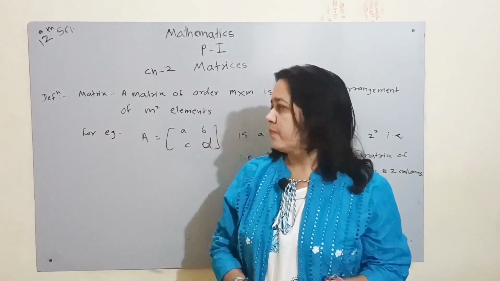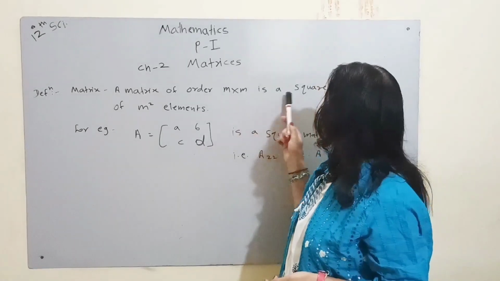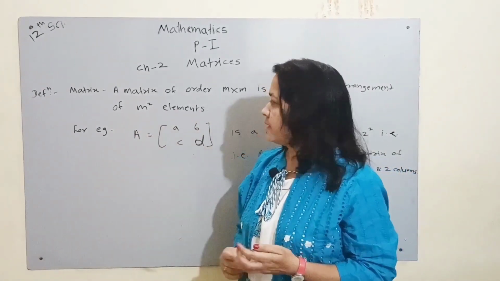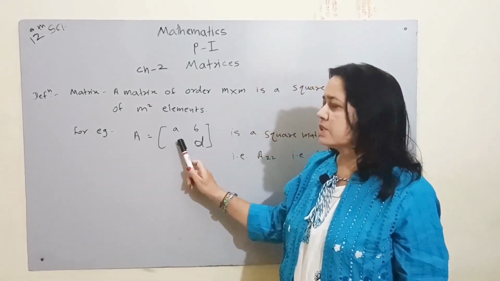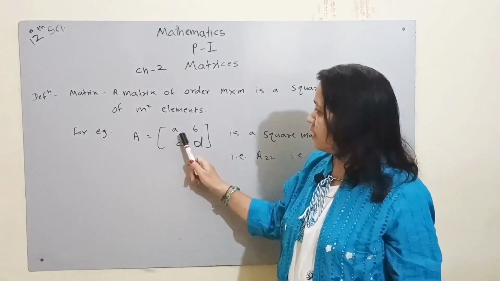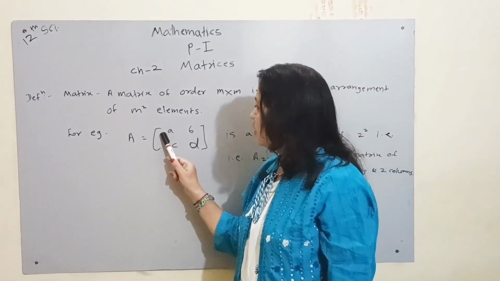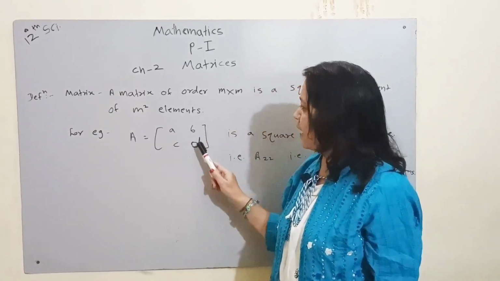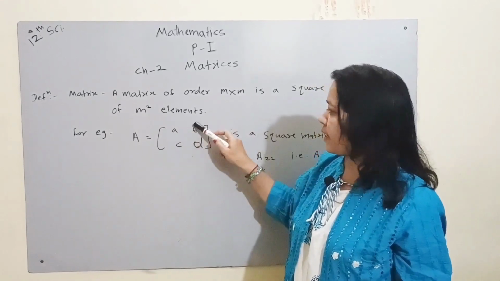What is a matrix? A matrix of order m by m is a square arrangement of m square elements. For example, here is a matrix A which is equal to a matrix of elements a, b, c, d. Here this is row 1 and row 2, and vertically this is column 1 and column 2.